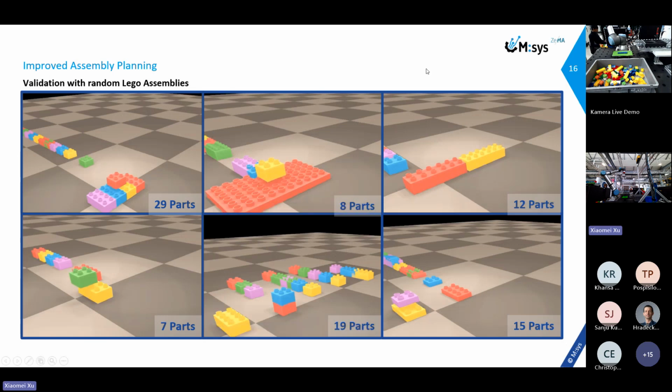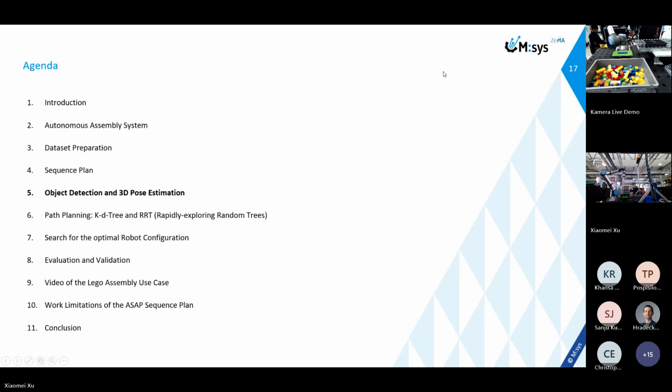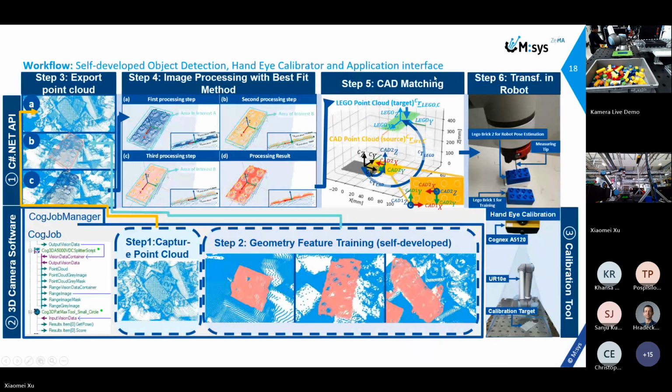There should be different parts for each of the variants. Here is about the 3D camera system. After the sequence planner finds the sequence, here is the workflow of the self-developed object detection, hand-eye calibration, and application interface.